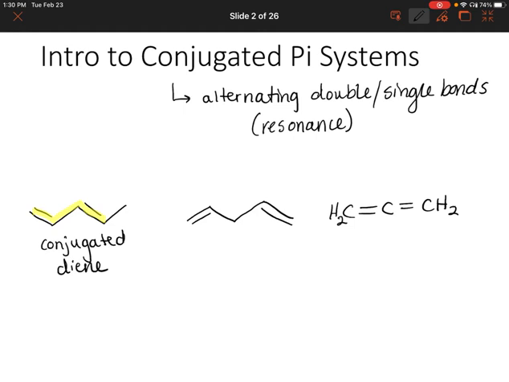So this would actually be isolated double bonds or isolated dienes. And then in the last example, we have two double bonds right next to each other. So this would be called a cumulated diene.